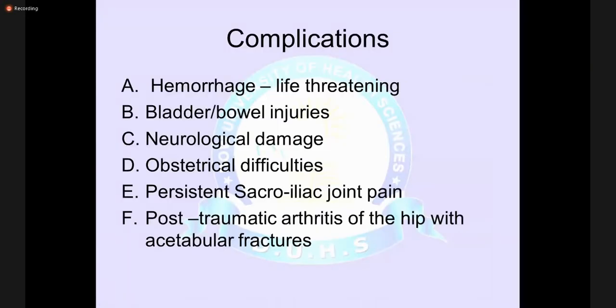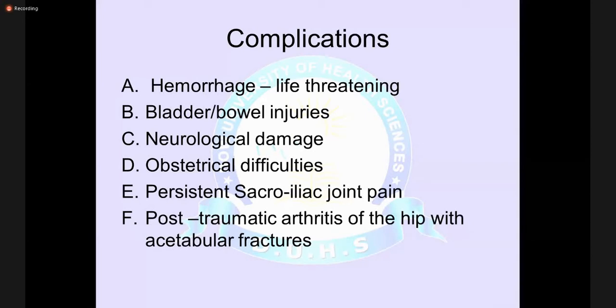What are the different complications which we can face in pelvic fracture? These are hemorrhage, which is life threatening. Injury to the urinary bladder and the bowel, which are present just behind the symphysis pubis, so the fracture can cause damage.